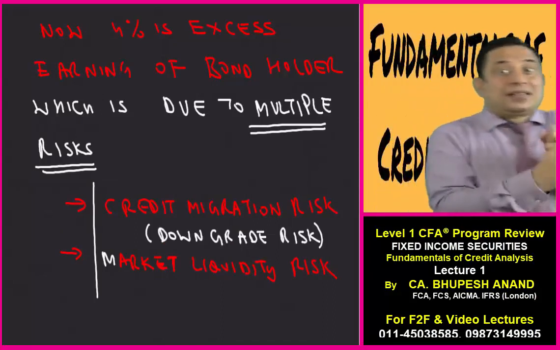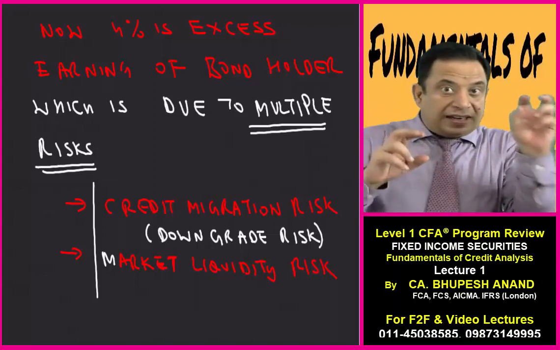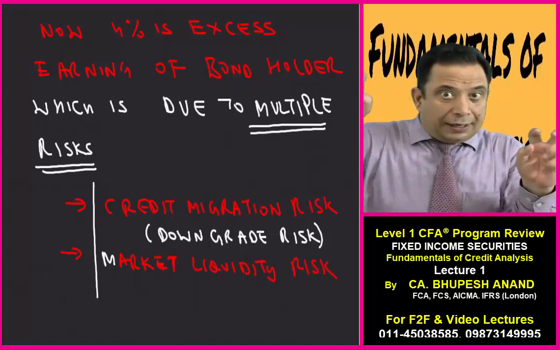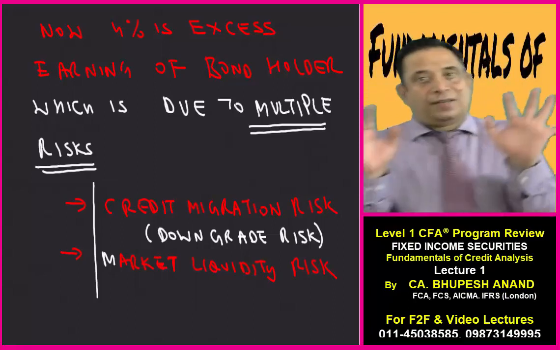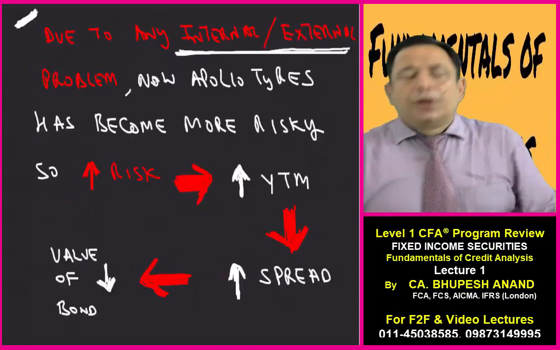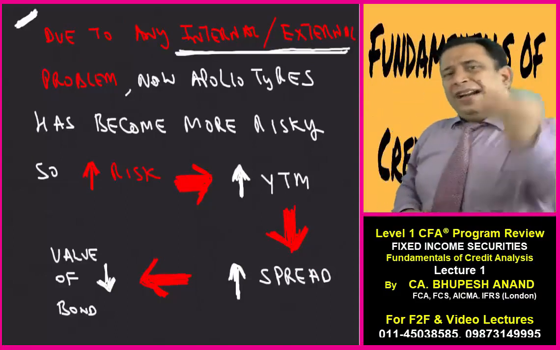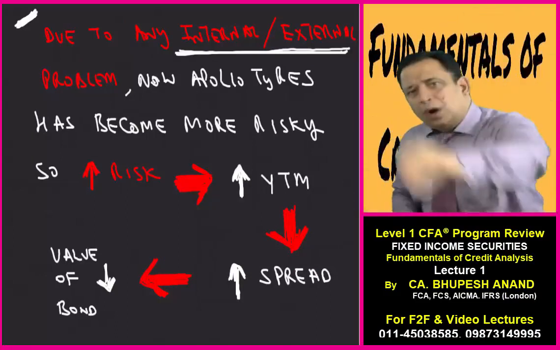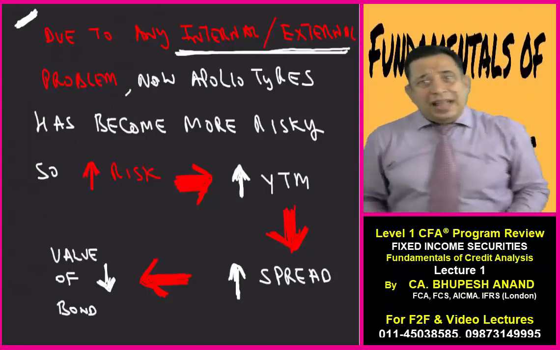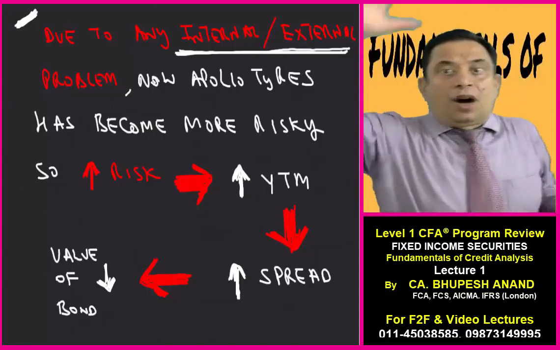It is due to multiple risks, and that spread risk I have divided into two parts. One is credit migration risk, downgrade risk, and second is market liquidity risk. So I have written that. Please write down. Then I will be explaining that supposedly in Apollo Tires, due to internal problems or external problems, there was bad news in the news channel, which has brought down the sentiments of the public and the investors.